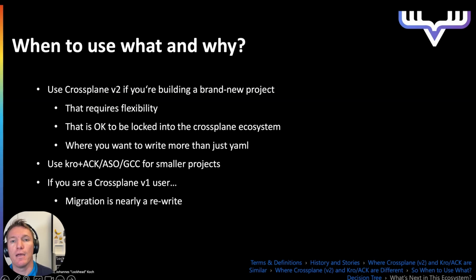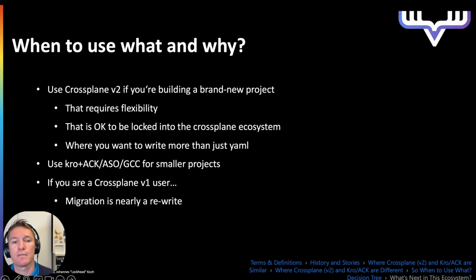So for me, my advice would be to use Crossplane V2 if you're building a brand new project where you are okay to be locked into the Crossplane ecosystem, and where you are okay to be locked down into all of the provider stuff that is being done. Right. Also, if you need some flexibility, if you need a lot of variety of different resources in the cloud, then Crossplane definitely has the most expansion points already available.